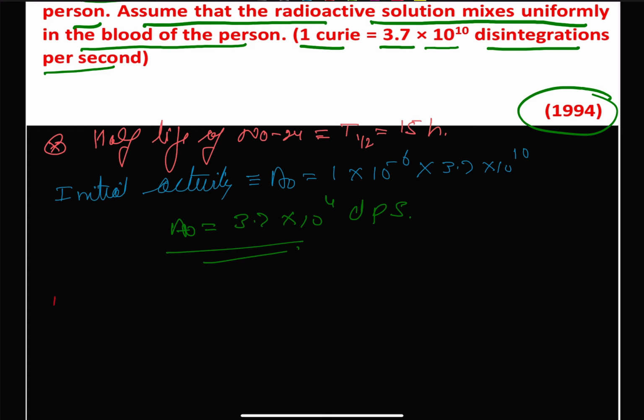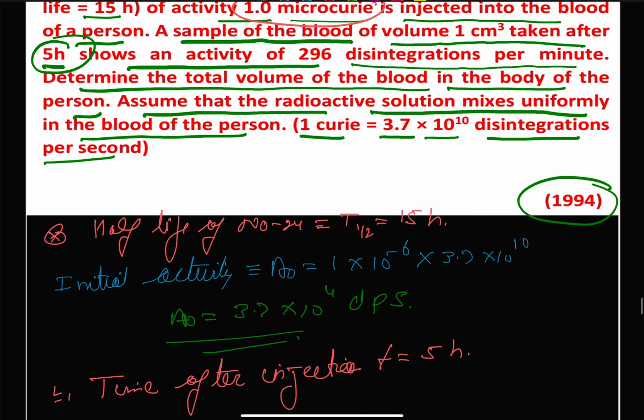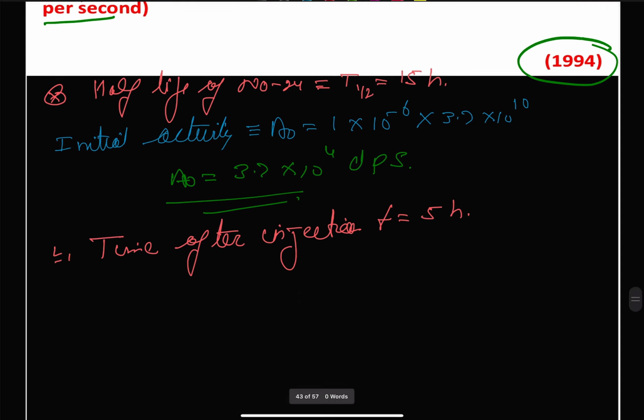So we can say that the time after injection, that is the value of t, is our 5 hours, and the activity that is measured at this time is given as 296 disintegrations per minute, which we are obviously going to convert to per second.